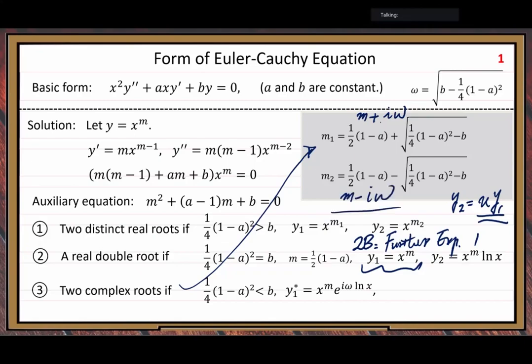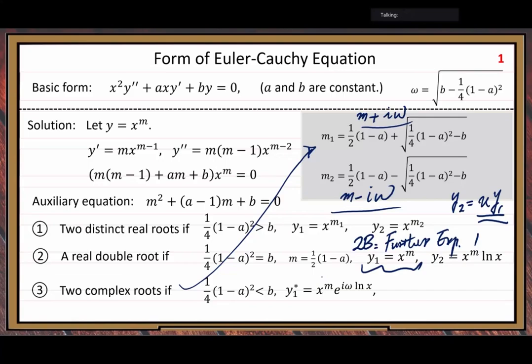In this case, first let's write a straightforward version of y1, y2. But that straightforward version contains the i symbol, and in our final solutions we don't want to include it, so we want to avoid it.